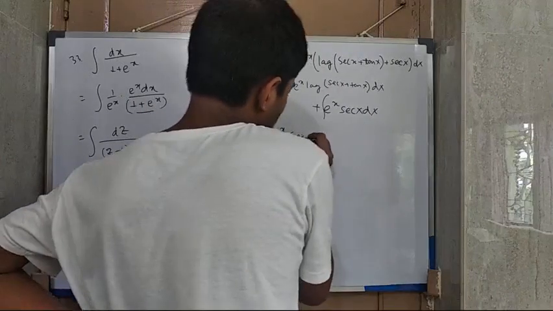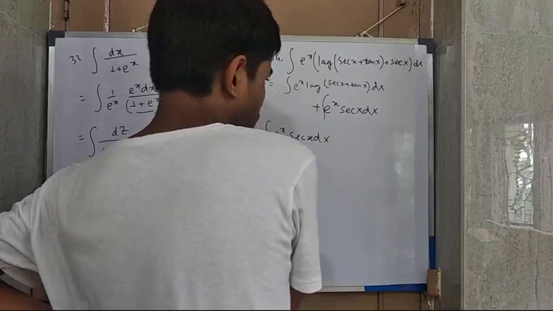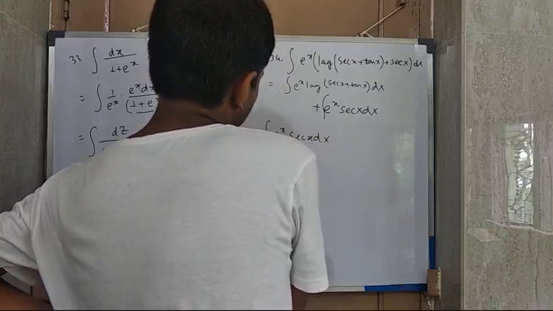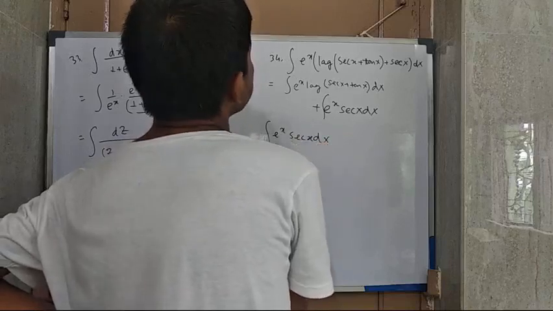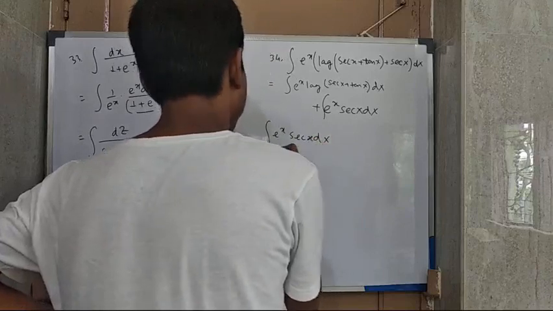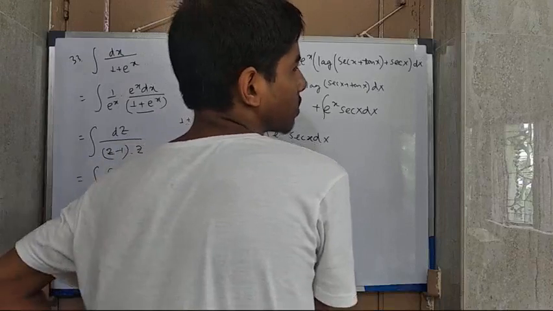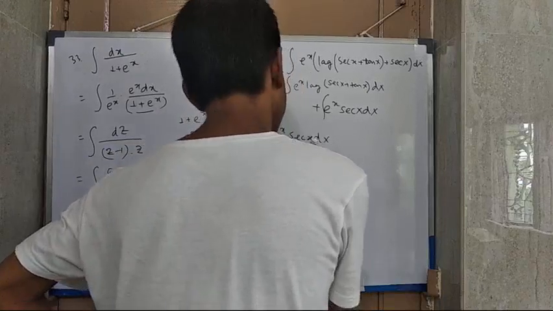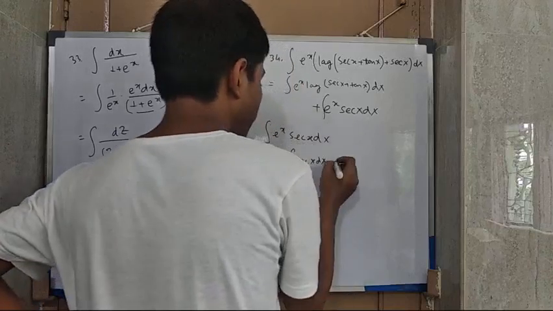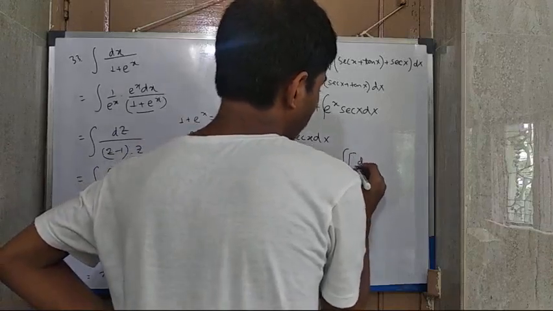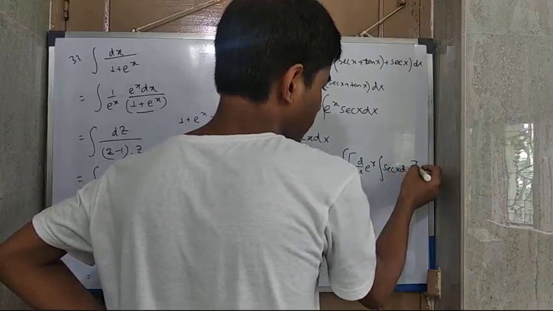Take sec x as the second function. So this is e to the power x integral sec x dx minus integral of d/dx of e to the power x times integral sec x dx, dx.